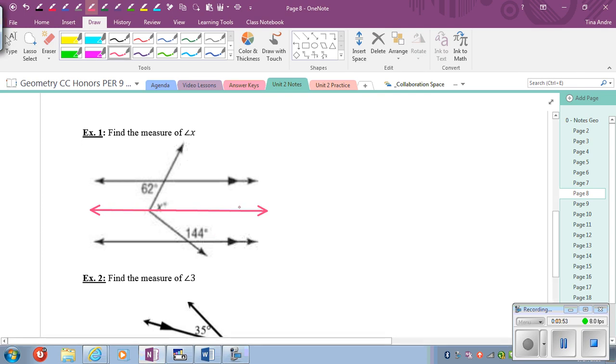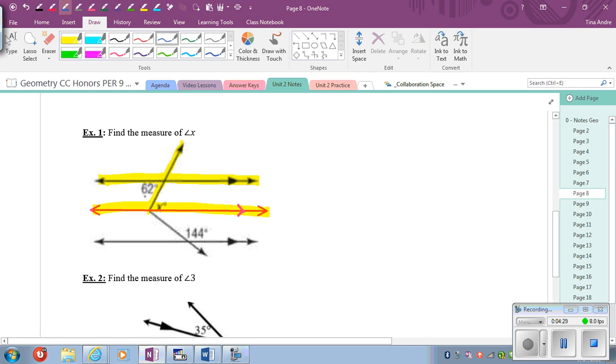When you draw your auxiliary line, you make it so that it's parallel to your two given lines. The reason I draw my auxiliary line right there is that it allows this ray to be a transversal between this parallel line and my auxiliary line, which is now parallel. So I purposely make this ray a transversal because now I have the scenario I want. I have the picture. Also, a portion of this angle right here is a portion of angle X, the entire thing.